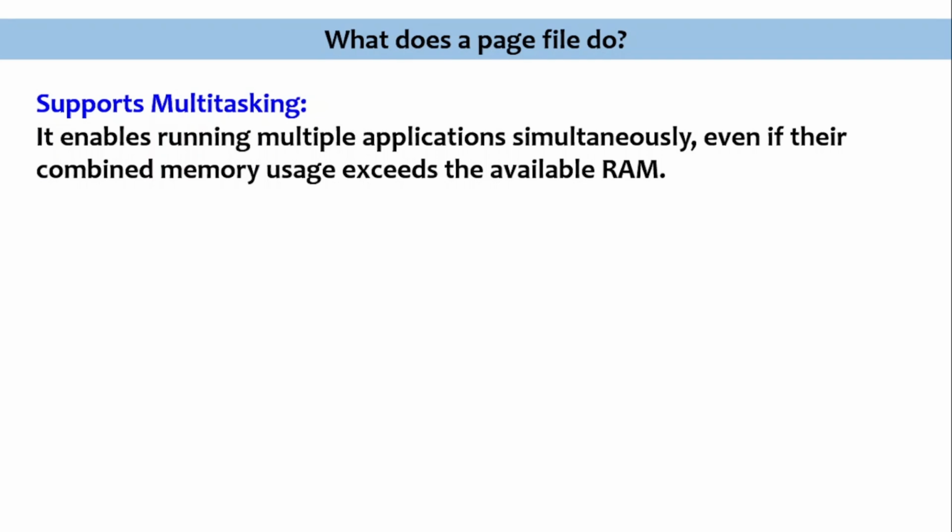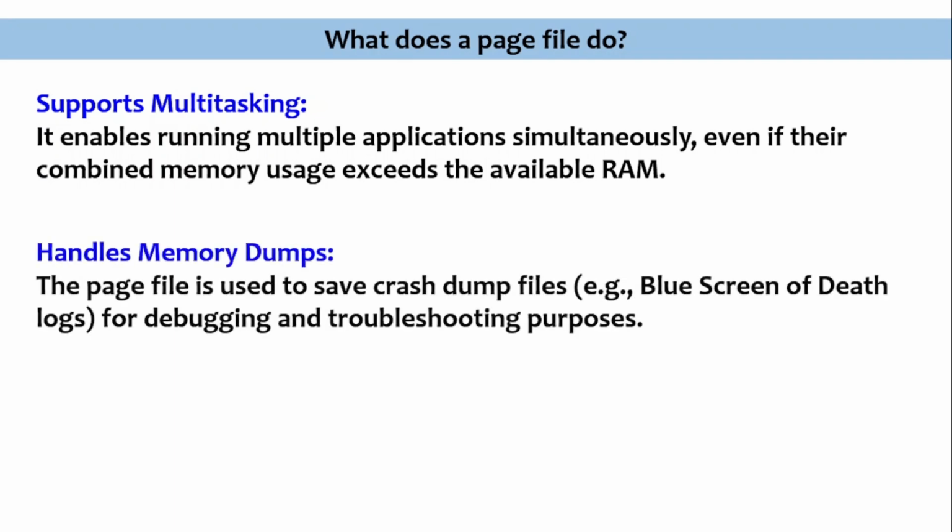The page file enables running multiple applications simultaneously, even if their combined memory usage exceeds the available RAM. And it handles memory dumps. Whenever we get a blue screen of death and we have a memory dump, those memory dumps are stored or saved on the page file.